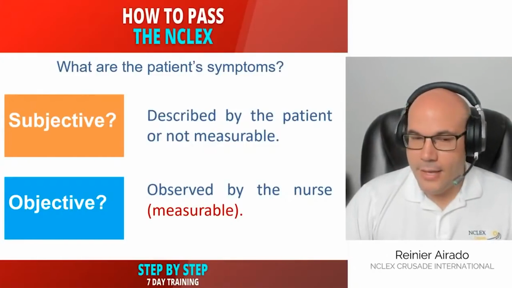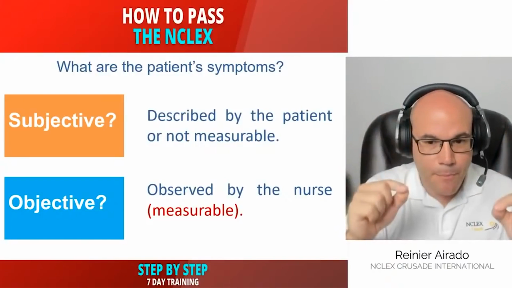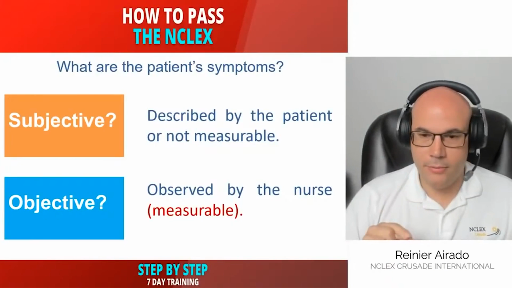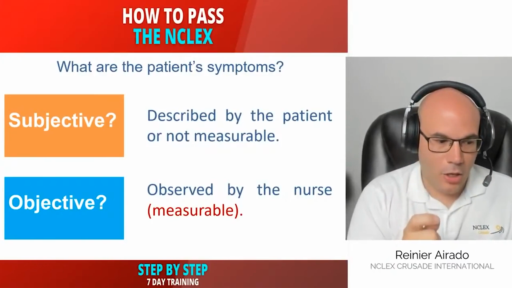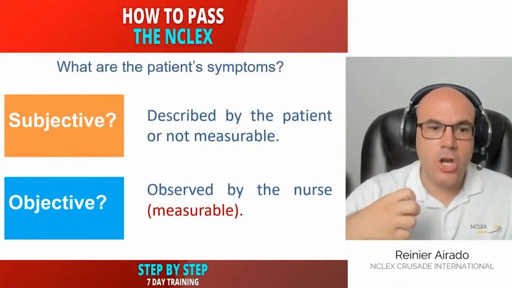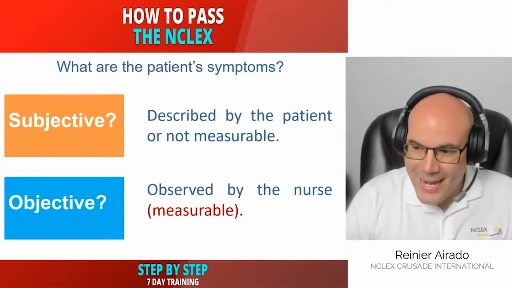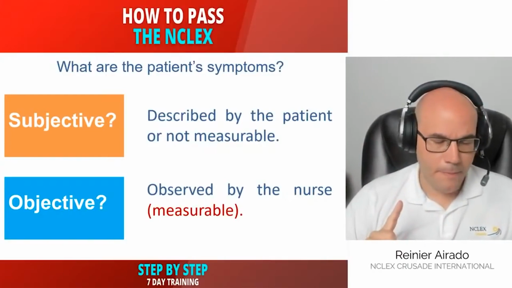Now, objective data is observed by the nurse, but in parentheses, measurable. That is important. If you have data in the stem of the question that is measurable, that is numeric, where you can tell the place value, that is objective data. Why is this important for you?